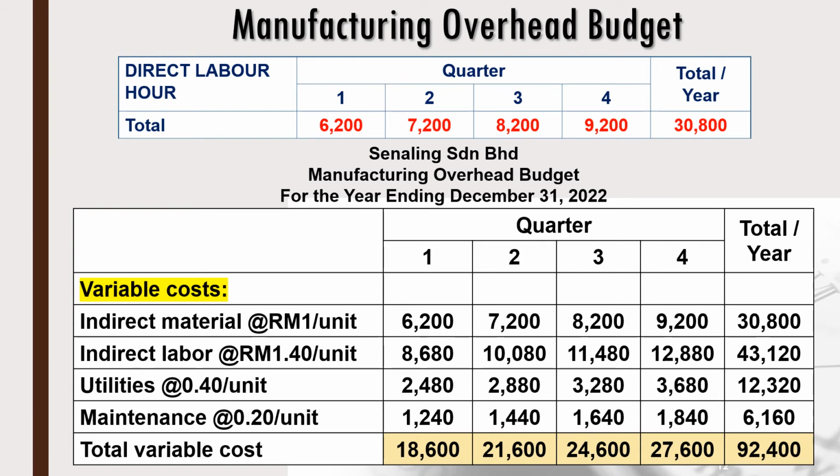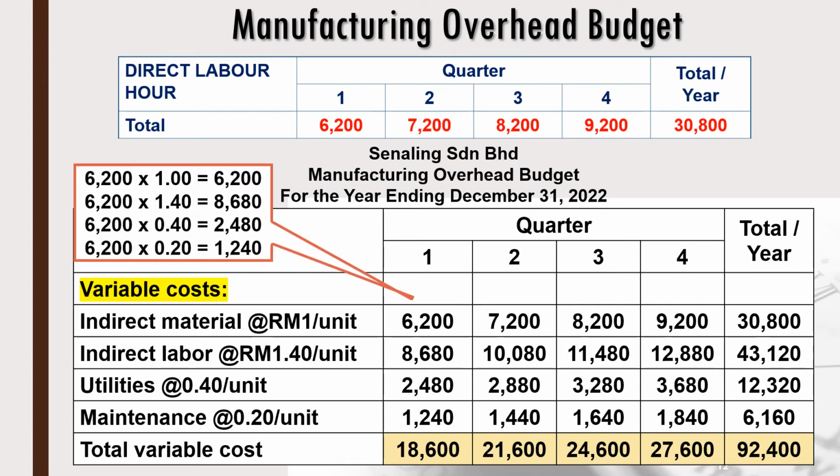In quarter 1, the direct labor hour totals 6,200. So, to answer the variable cost for indirect material, 6,200 multiplied by RM1, that is the indirect material per unit, equals 6,200.